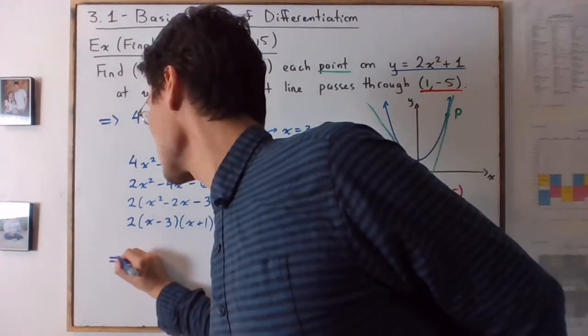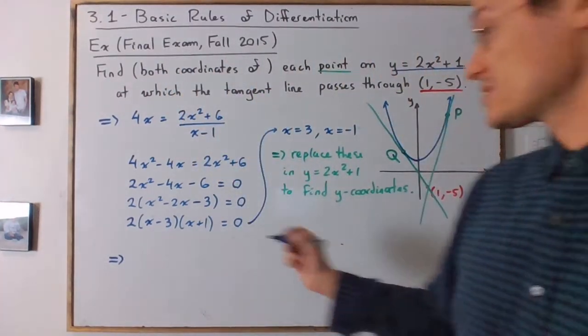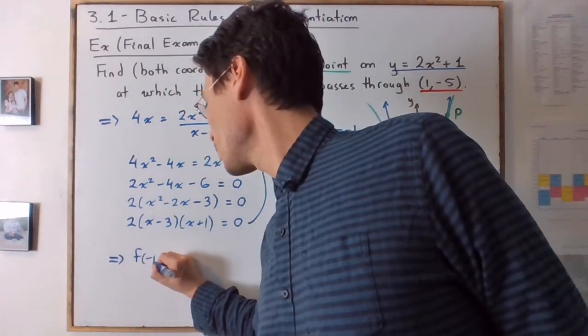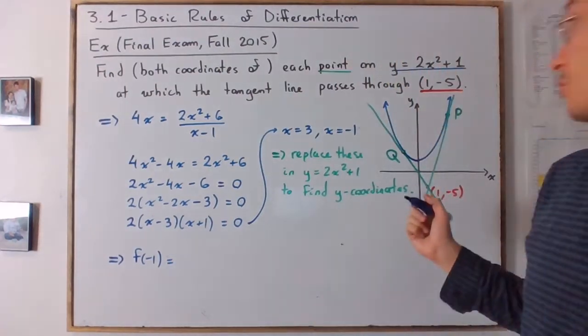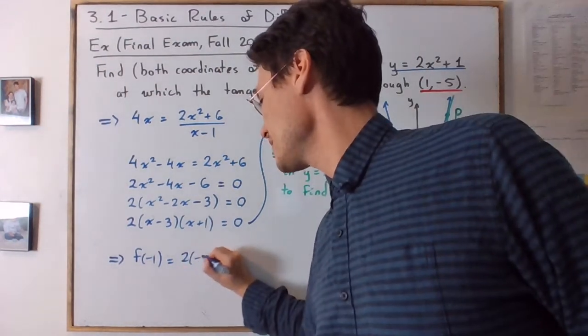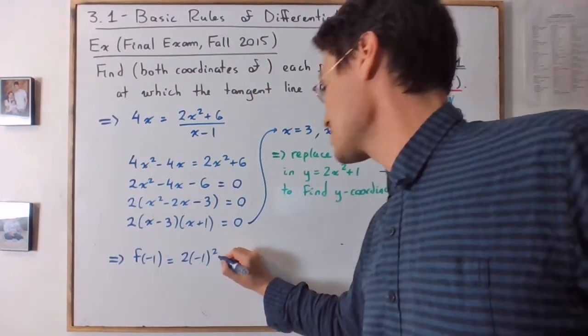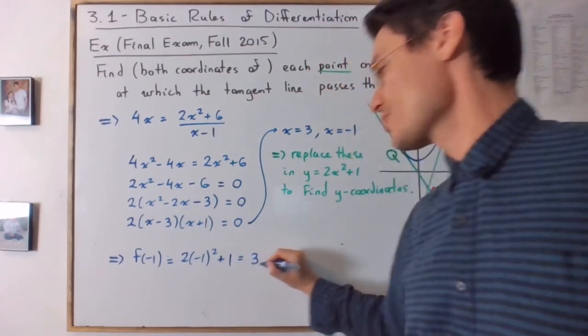So in other words, you will have first f of -1, which will be equal to 2 times -1 squared plus 1. As you can see, it gives you 3.